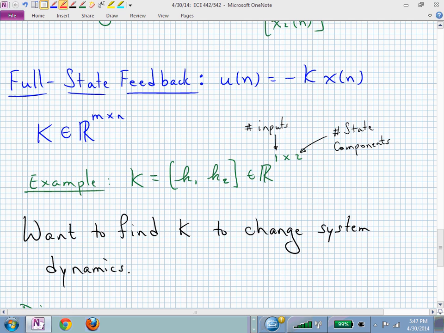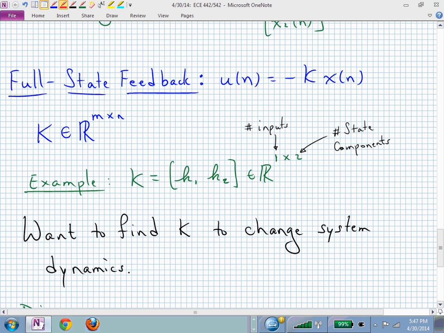What we want to do is select K to change the system dynamics. And in particular, where would we want those poles, which are the eigenvalues of our closed loop system matrix, which I haven't yet derived? We want those closed loop eigenvalues, which would be the poles of our closed loop system. Where do we want those to live?